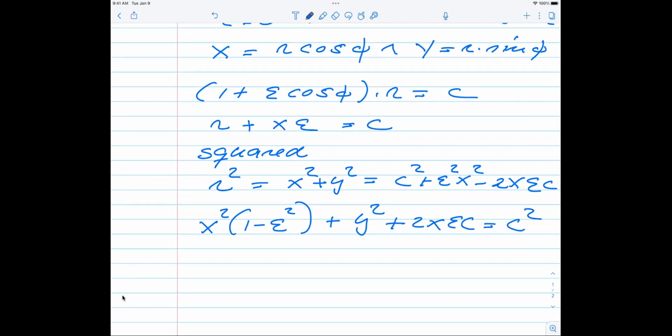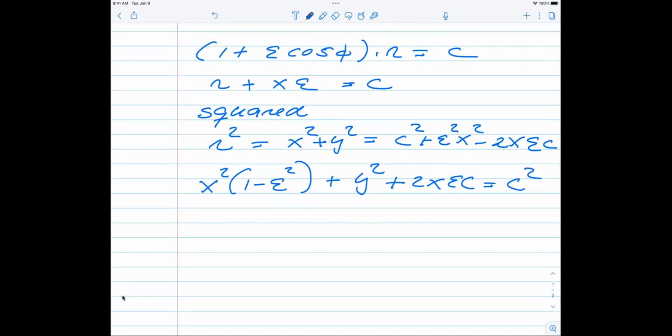The next thing we did, or rather which we are going to do now, is to simply define a new constant. But first we divide by this quantity 1 minus epsilon squared. So what we get then is something which runs like x squared here. And then we have an expression here where we also define d, a new constant, which is c times epsilon divided by 1 minus epsilon squared.